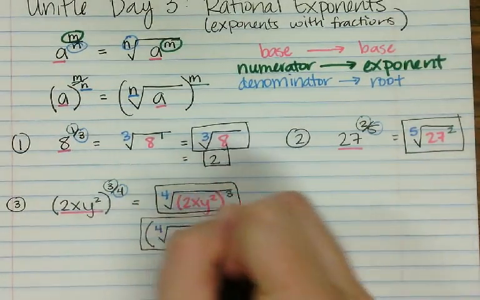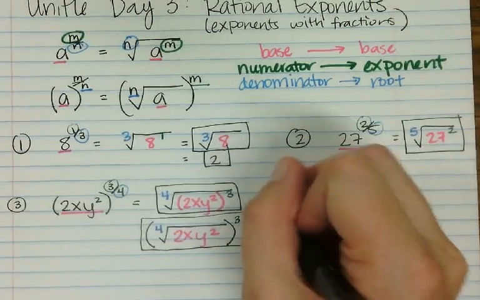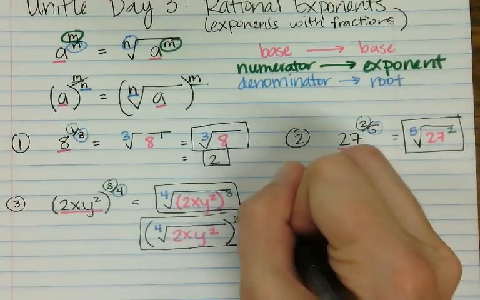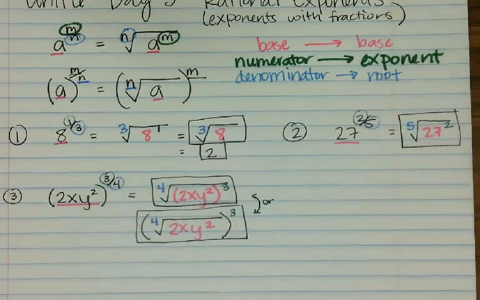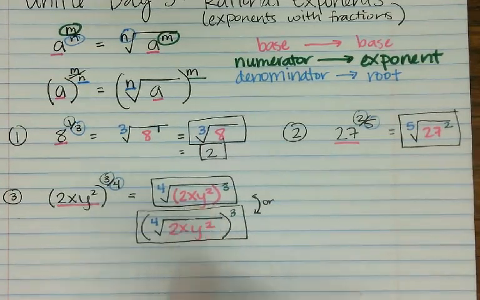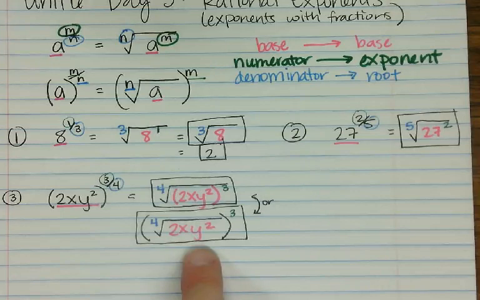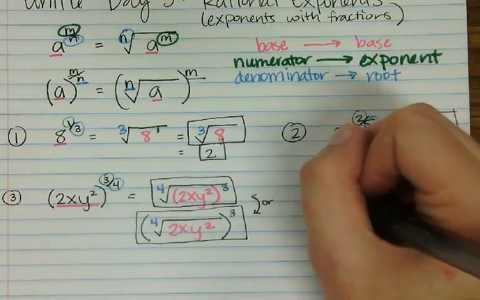To be totally honest, there's not really one that is over the other. You could do it either way. I personally prefer to put my parentheses inside my radical because I like to keep it all nice and contained. But you can also have your parentheses outside of your radical. Cool? All right.